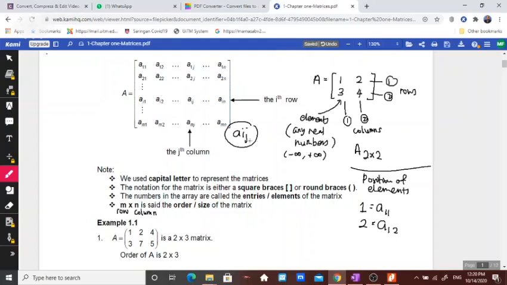The starting number is the row, followed by the column. Next, if we look at element 3 of matrix A, 3 is a21, second row, first column, and 4 is a22, since 4 is located at the second row and second column.